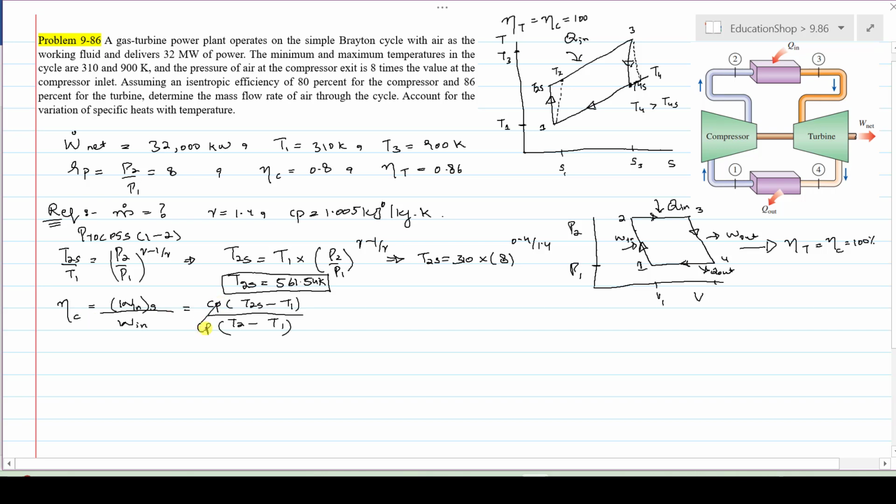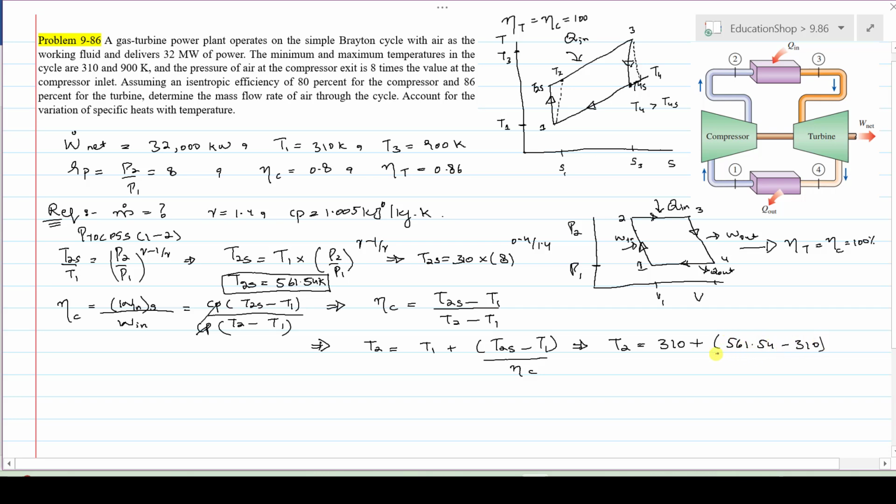So this Cp will cancel out with this Cp, and the efficiency of the compressor will equal (T2S minus T1) divided by (T2 minus T1). I am rearranging this equation for T2. After solving this on calculators, you will get the T2 value.